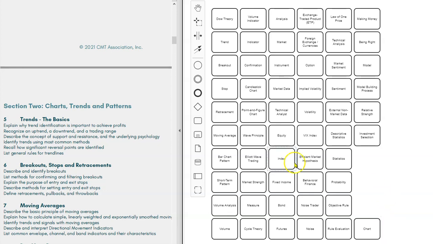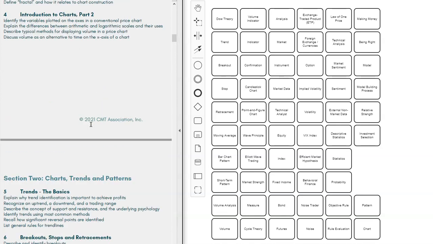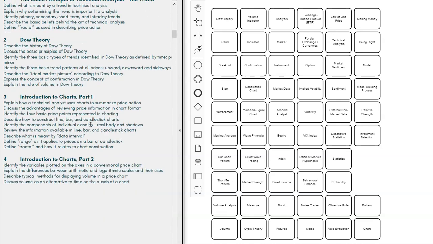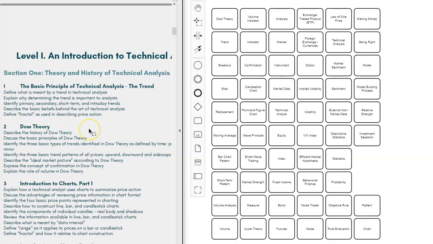What are the types of charts? Patterns, that's a good one. This whole process is studying the pattern. You may have heard the phrase pattern recognition. If you can identify and recognize the pattern, you're more capable.